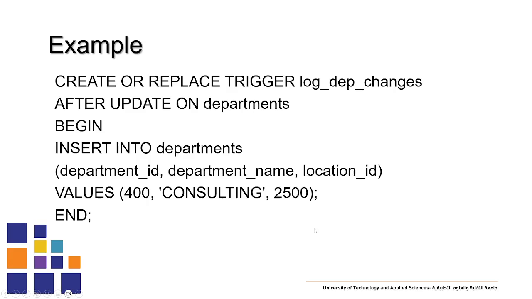This action happens regardless of the specific details of the update, for example which department is being updated. The trigger will insert a new department with hard-coded values into the departments table, which is 400, Consulting, and 2500 as the location ID.